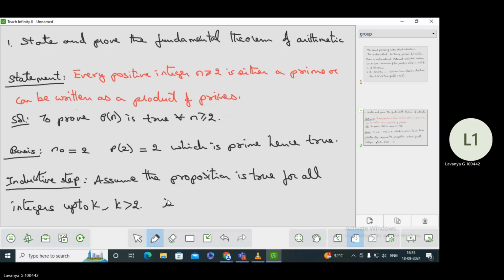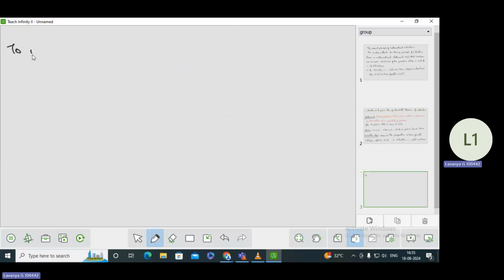That is, we go for P of 3, P of 4, so on up to P of k. Everything is going to be true. Now we need to prove P of k plus 1 is true.